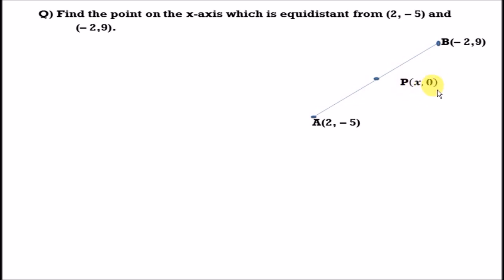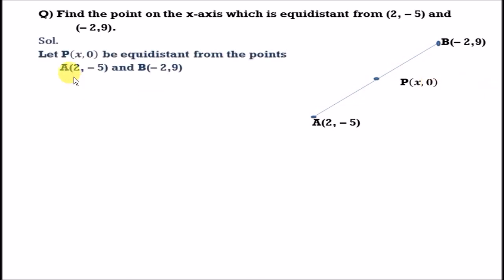The value of y coordinate will be 0 as the point was on the x-axis. So we can say let P (x, 0) be equidistant from the points A (2, -5) and B (-2, 9). So AP will be equal to BP. Distance of A to P will be equal to distance of B to P.